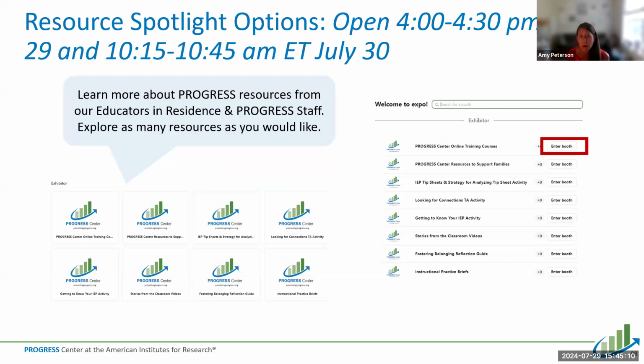If you want to learn more about any of the activities that we talked about, or learn from others who have used those activities, either the modules, the resources for parents, the tip sheets, things like that, feel free to join the Expo Center. You just go ahead and enter the booth starting at 4 o'clock. It will be open, and you can click on those. You can attend multiple booths and just jump around as you see fit. So you'll just enter a booth and leave a booth and so on as you want to navigate around those resources.